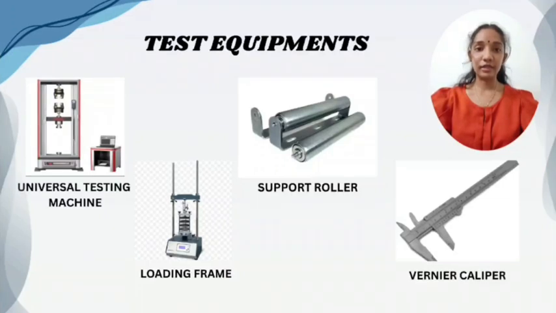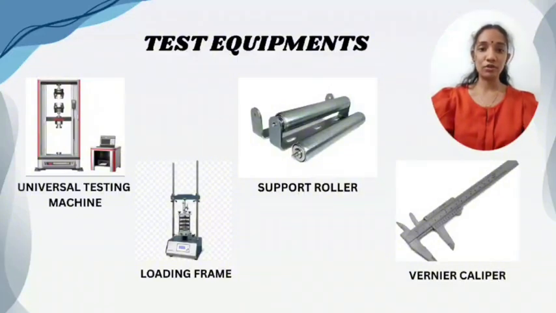Next is test equipment. Several pieces of equipment are required for the flexural strength test. The universal testing machine is used to apply the load until the concrete beam fails, and the loading frame and support rollers ensure that the beam is properly positioned according to the testing standard.